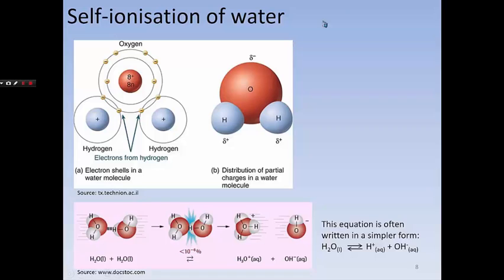Because of this, the oxygen end of the water molecule has a fractional negative charge, and the other end has a positive charge. Negative and positive charge attract each other, so different molecules are associated with each other through hydrogen bonding.